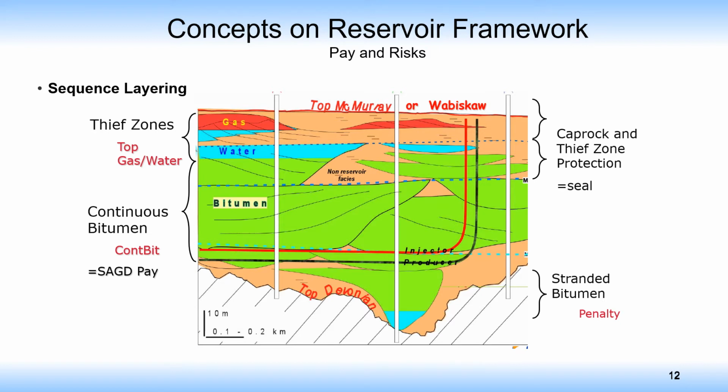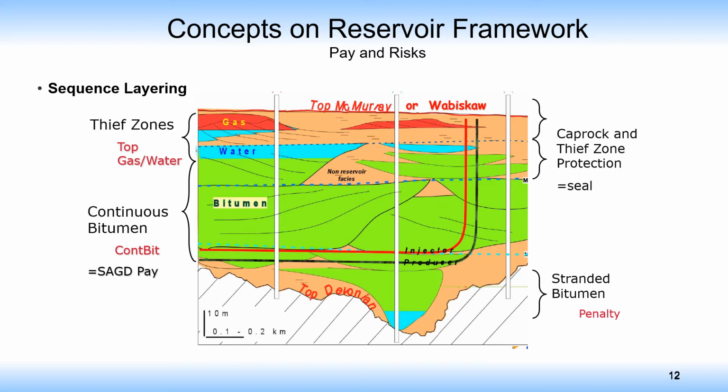AAPG 2005. We have the McMurray Formation, we have channel sands. They're large amalgamated channels. The bitumen saturates them. We may have lower zones as well that are smaller. We may have some smaller channel cuts, even mud plug channels.